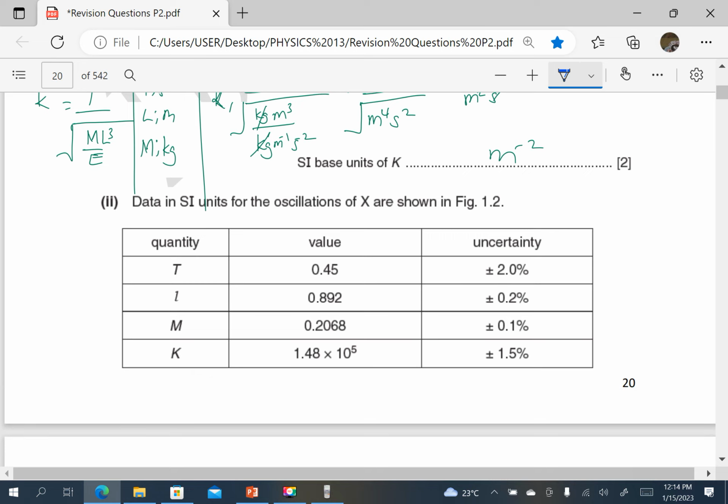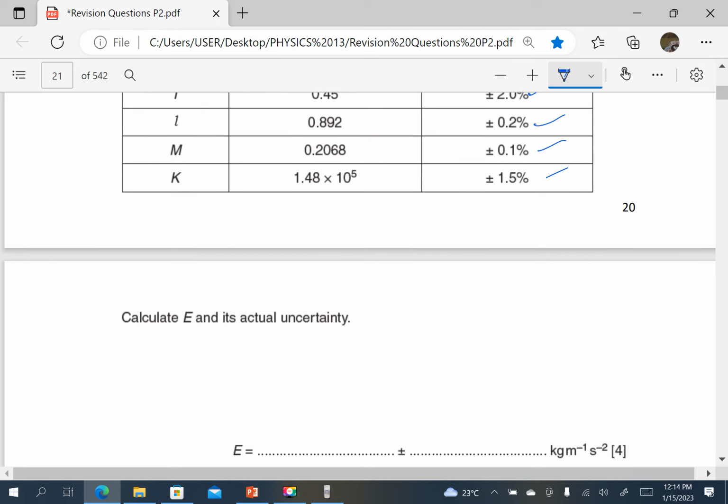Data in SI units of the oscillations of X are shown in the table. Uncertainties are in percentages. You can see them. The values are in SI units. Calculate E and its actual uncertainty.